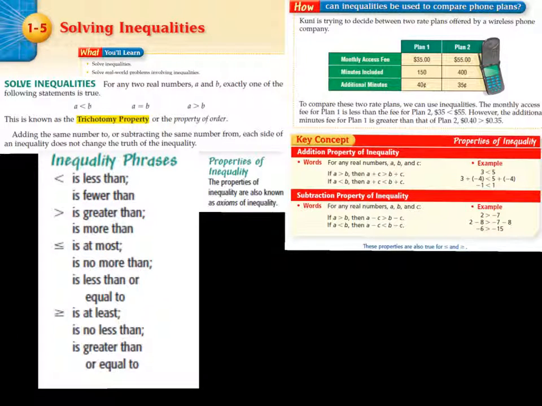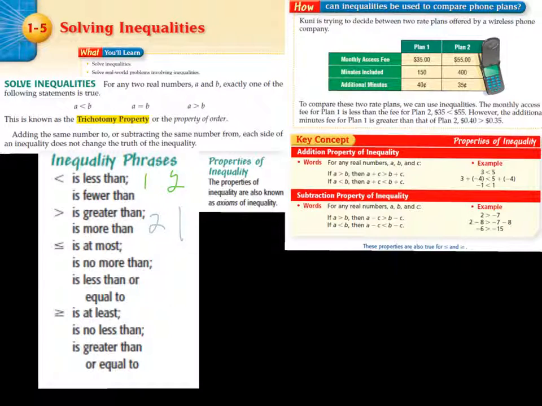And to make sure that everyone is on the same page, it's probably good to go through the symbols. Less than is the same as fewer than. The symbol is greater than, more than. Less than or equal to could be is at most, is no more than, is less than or equal to. Greater than or equal to could be is at least, is no less than, is greater than or equal to.